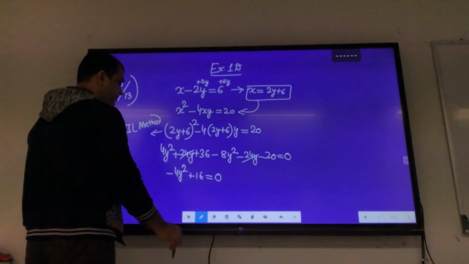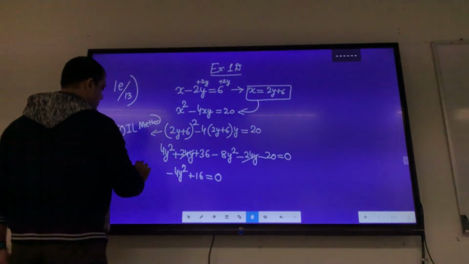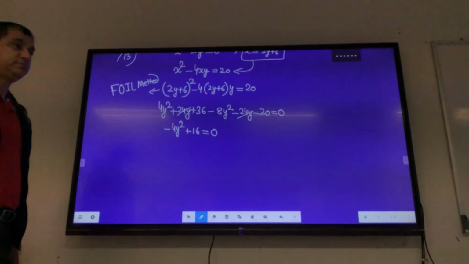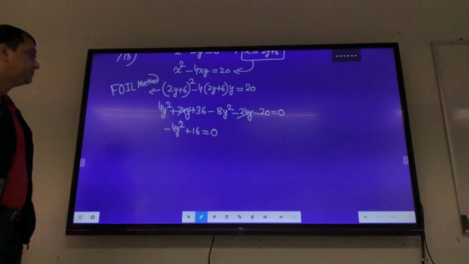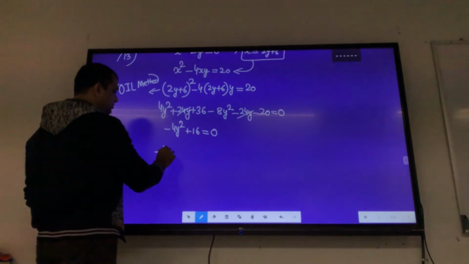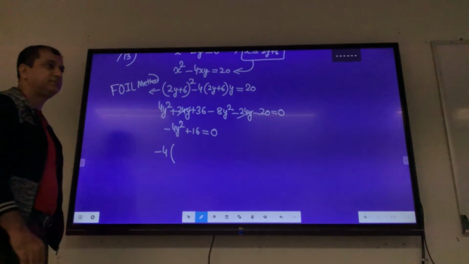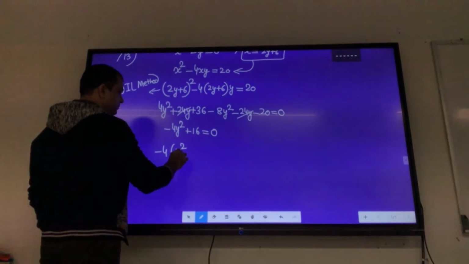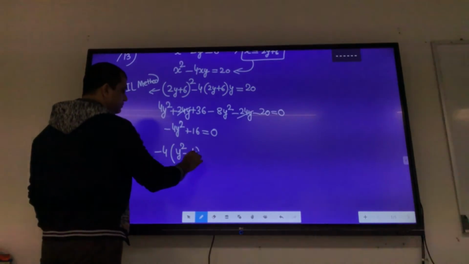What is the next step? If I take minus 4 out, what is left inside? y squared minus 4, right?